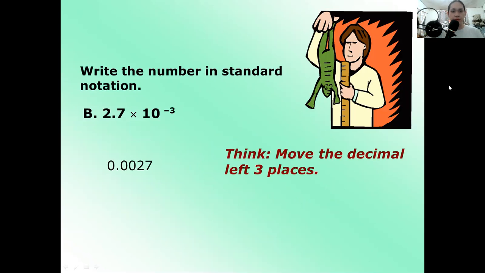That gives you 0.0027. Exactly, as you can see. We always start from the decimal point, which in 2.7 is between 2 and 7. So move to the left 3 places. That gives you the answer 0.0027.